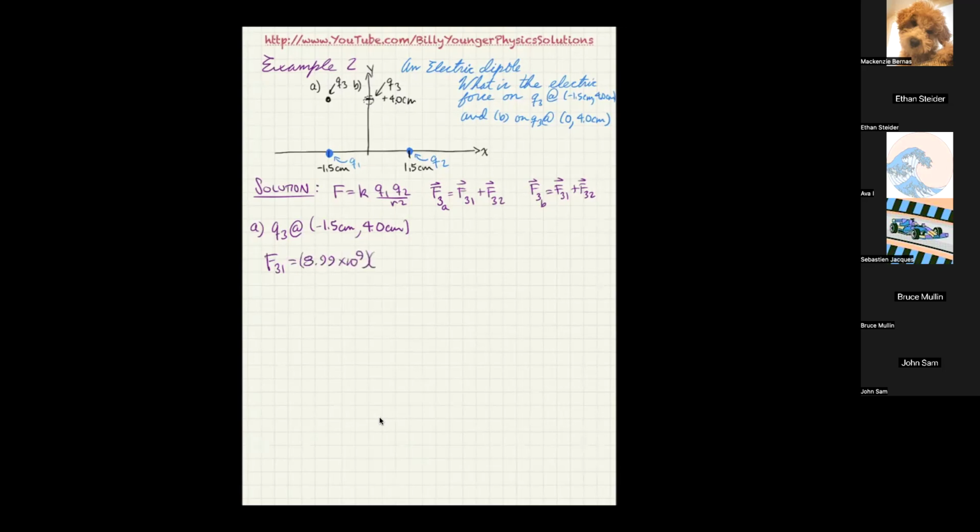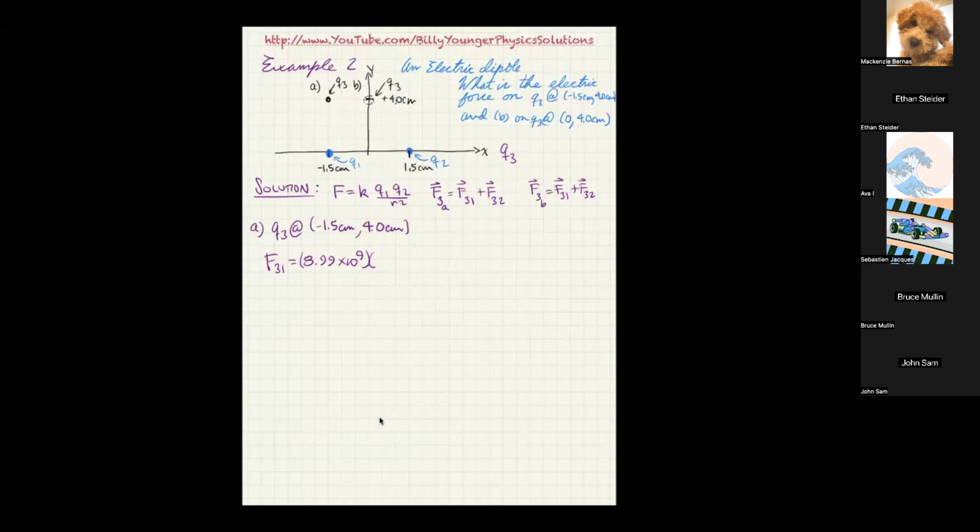Now it's the charge 3, which I haven't given you, so I should probably do that now. And I didn't give you the other one either, so okay, that helps me.